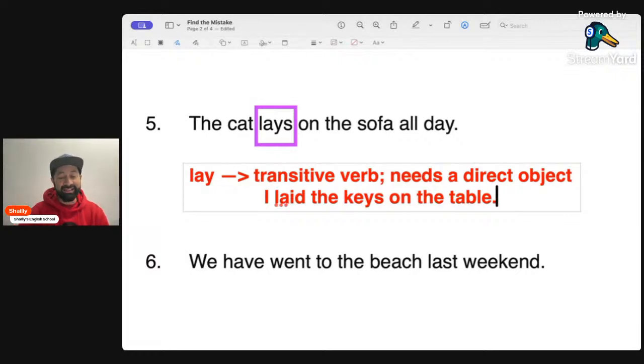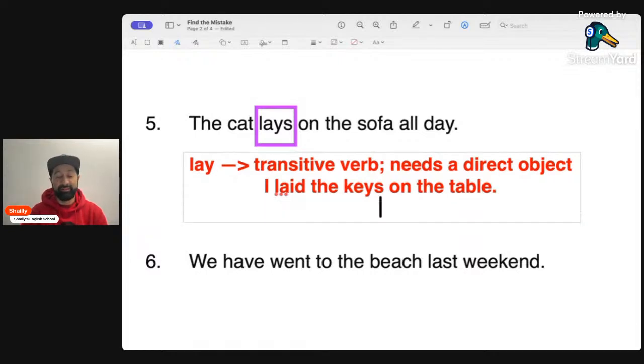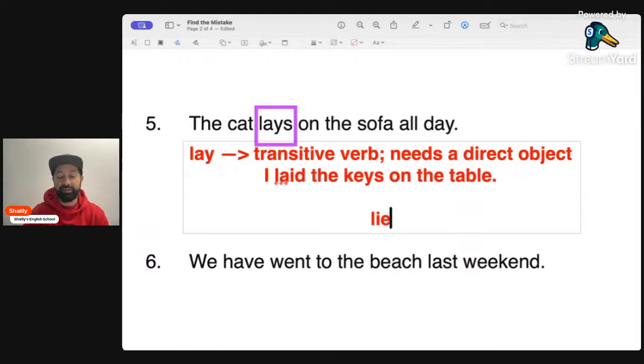Here, the cat lays. There's no direct object. There's no noun. So in that situation, I want to be using the verb lie. Lie is intransitive. That means it doesn't need another object. So here, the cat lies on the sofa all day.